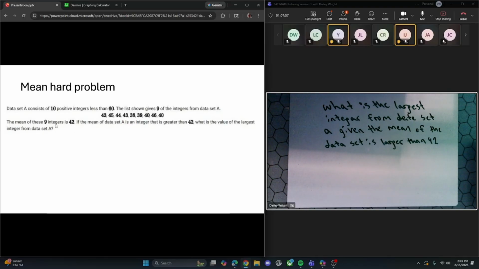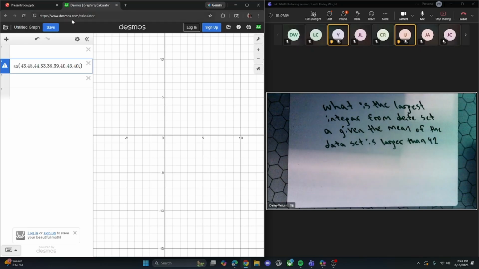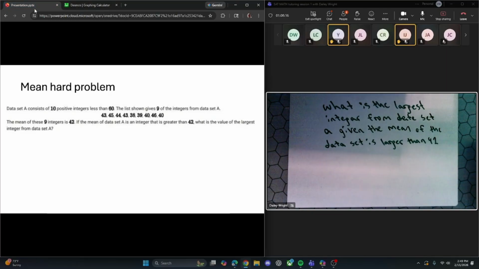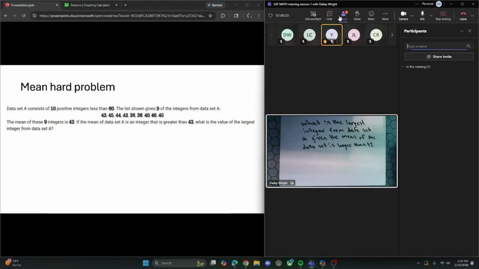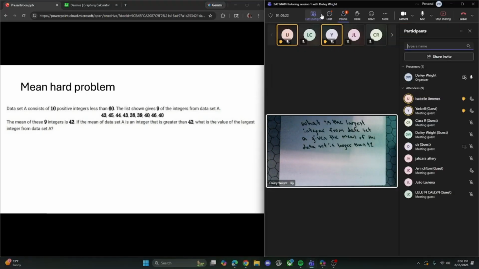Wait, it says the mean of these 9 integers is 42. Did I miss an integer? 43, 45, 44. Oh, this says 33. Okay, this is supposed to be 43. One second, that changes the problem. Okay, the mean of the 9 integers is 42. Now we're on the right track here.